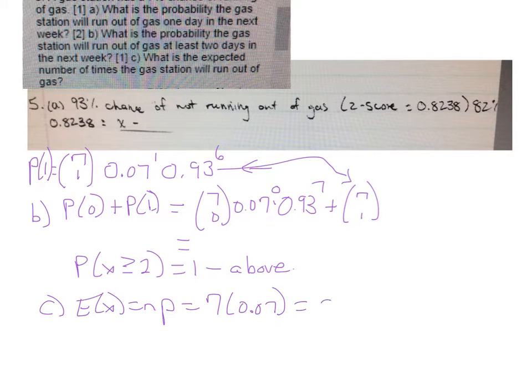And so that's going to give us a probability of 0.49, or not a probability, sorry, our expected value of 0.49 days out of the 7, or half a day out of the 7. And I know that doesn't really make sense because you can only have a full day, not a half a day, but that's how it works out in terms of the expected value for that question.